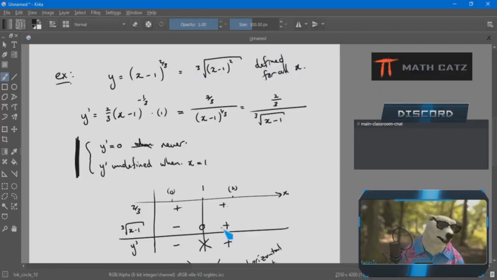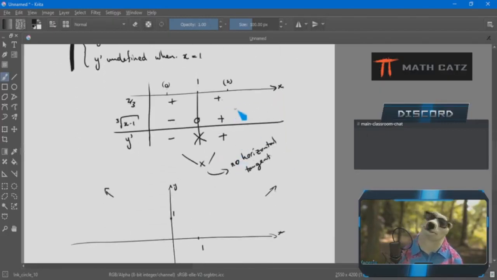It's the derivative that has a problem. And when I have a situation like that, for our level of functions, that's when I get the vertical tangent line, that there is a tangent line at 1. The only way the derivative cannot exist at the same time is if it's a vertical tangent line.